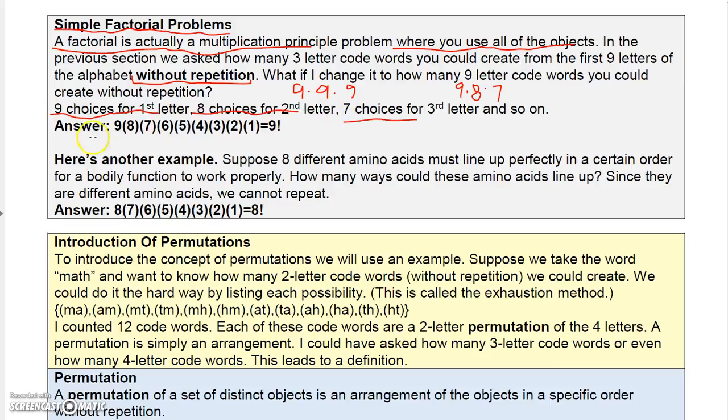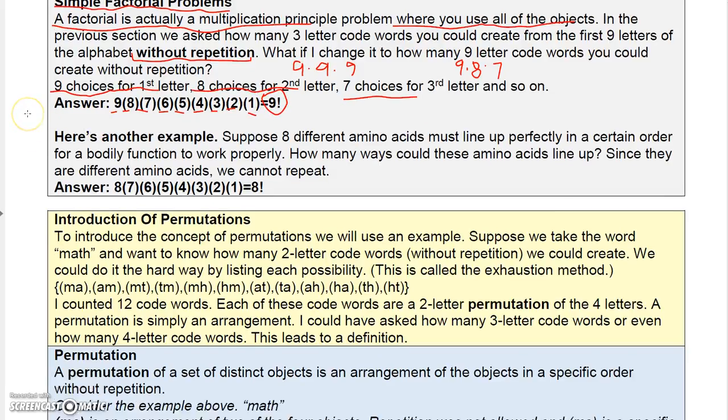So basically, if you wanted to know how many 9-letter code words you could make out of the first 9 letters of the alphabet, it would be 9 times 8 times 7 times 6 times 5 times 4 times 3 times 2 times 1. But we know that calculation is simply 9 factorial. So all you have to do is figure out how to punch 9 factorial in your calculator.